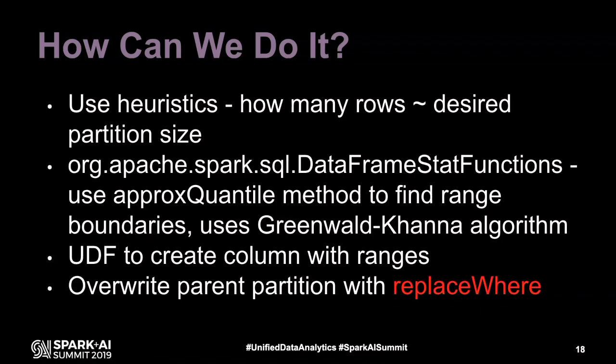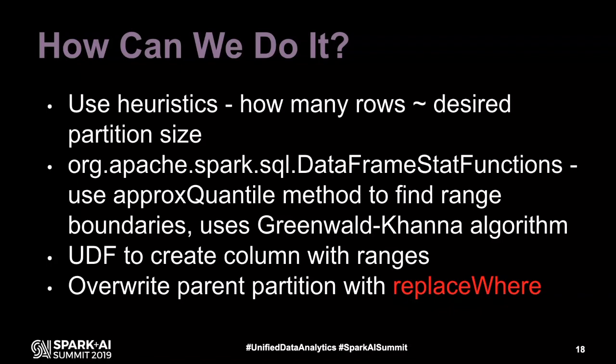In the actual DataFrame, you can import the DataFrame stat functions module, and there's an approximate quantile method there. The approximate quantile method uses a pretty cool math algorithm that I definitely won't go into today, called the Greenwald-Khanna algorithm, and it's at the moment the highest performance approximation for quantiles.